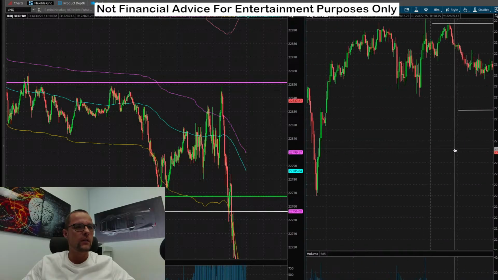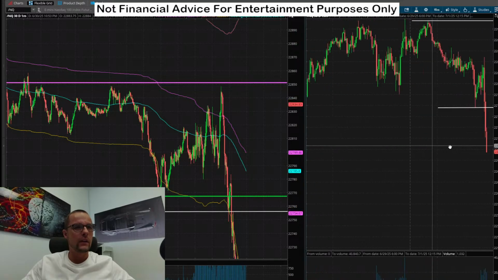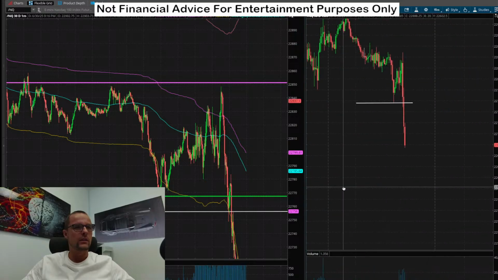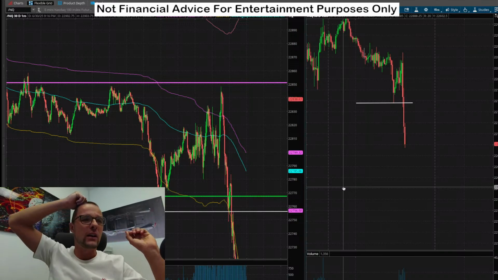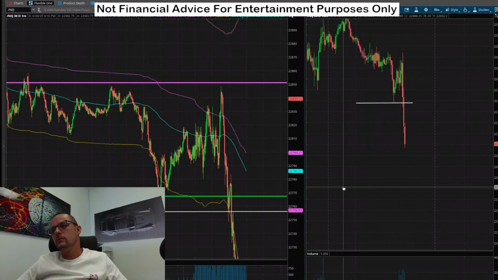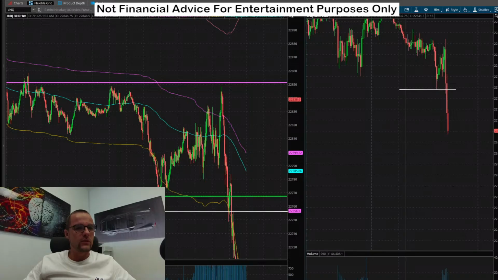Yeah, inversing that last gap, and then, I mean, it's going for that low. They want that low. They want it so bad. They're going to have it. They're going to forcefully take it.